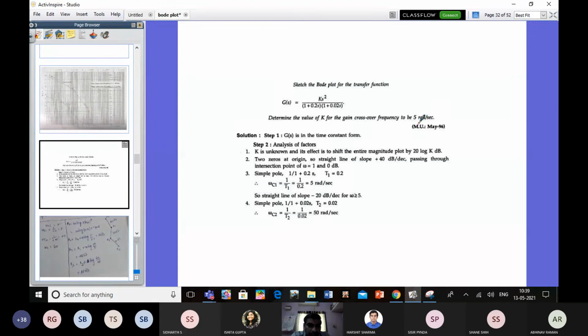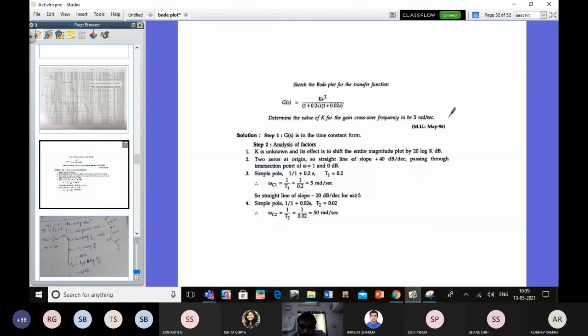Please concentrate, see the importance of the topic, write down this problem. Sketch the Bode plot for the transfer function G(s) equal to K s squared divided by (1 plus 0.2s) into (1 plus 0.02s). Determine the value of K for the gain crossover frequency to be 5 radians per second.